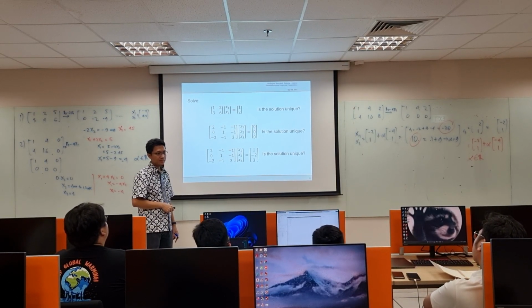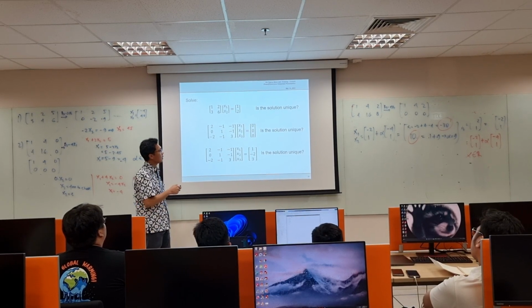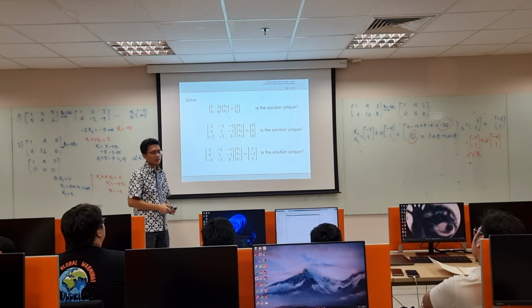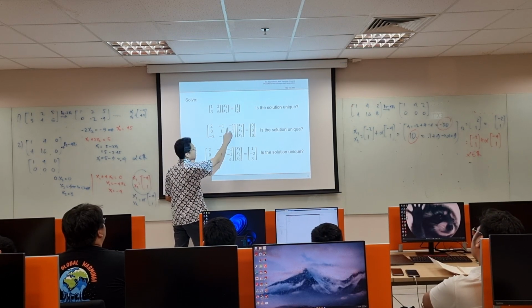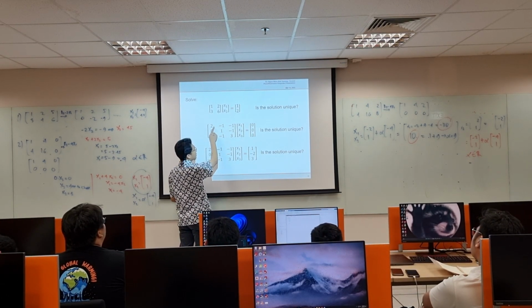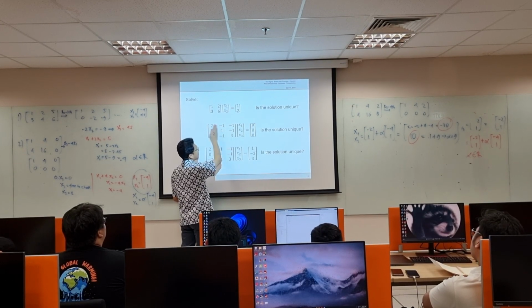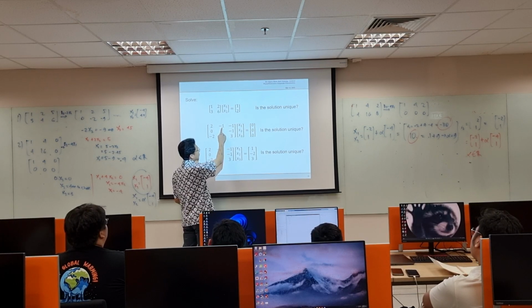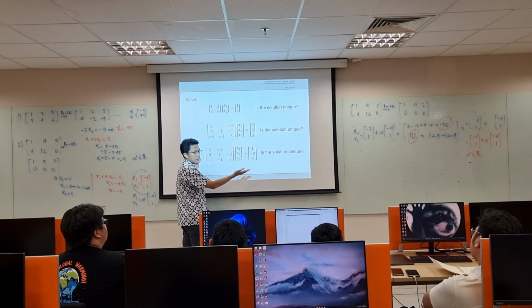Okay? Determinant is 0. You check using MATLAB, determinant is 0. The easy way to see this is that you just sum the columns to the right. 2 plus minus 1 plus minus 1, 0, right?